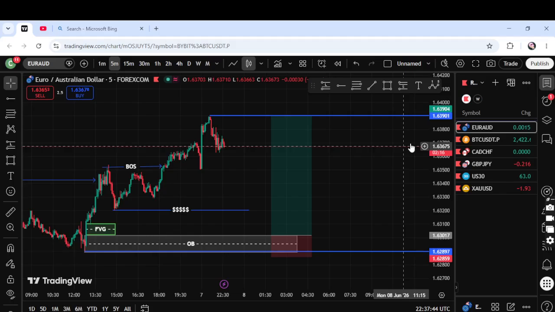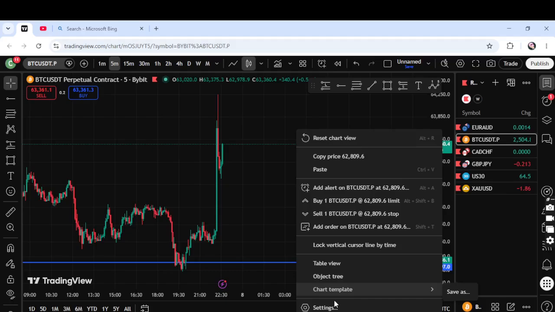So we should move to BTC. Let me clear the chart. Go down to the daily time frame.